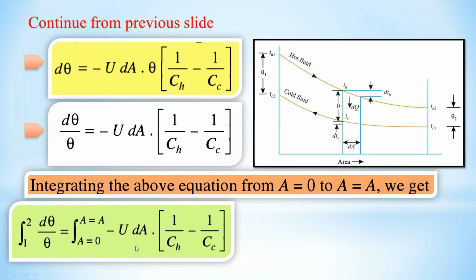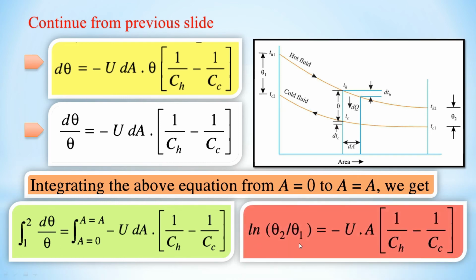Okay, but we know that the integration of 1 upon theta is log theta, and whenever we apply the upper limit and lower limit, it is log theta 2 minus log theta 1. As per the logarithmic rules, the subtraction of logs is also in ratio form, ln theta 2 by theta 1, equal to minus U, and this is a constant term, so keep it outside, and 1 upon Ch minus 1 upon Cc is also a constant term.